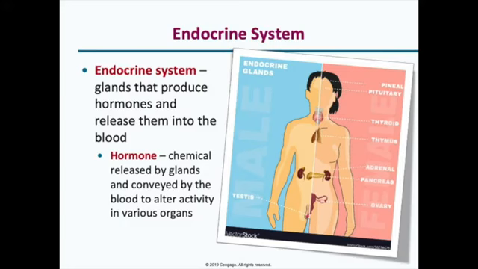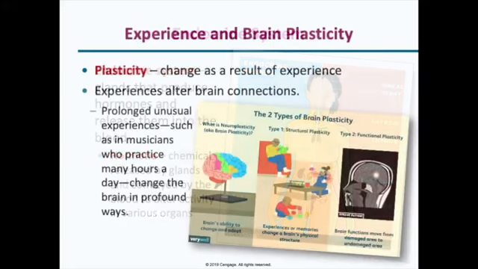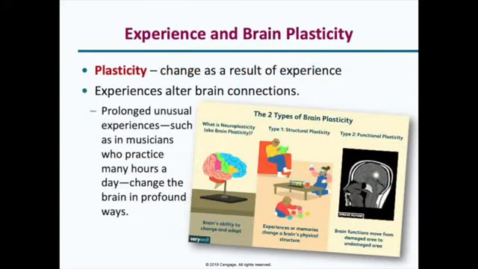Slide 25. When we talk about brain anatomy, it's easy to get the impression that the structures are fixed. In fact, brain structure shows considerable plasticity, that is, change as a result of experience. Early researchers believed that the nervous system produced no new neurons after early infancy.